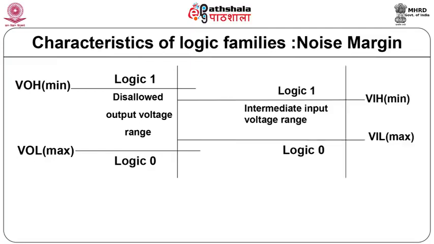You can see the window between the logic 1 and logic 0 of output, which corresponds to the logic 1 and logic 0 of input. You can see VIH min as the minimum input voltage which is referred to as logic 1, and VIL max is the maximum input voltage which is referred to as logic 0.